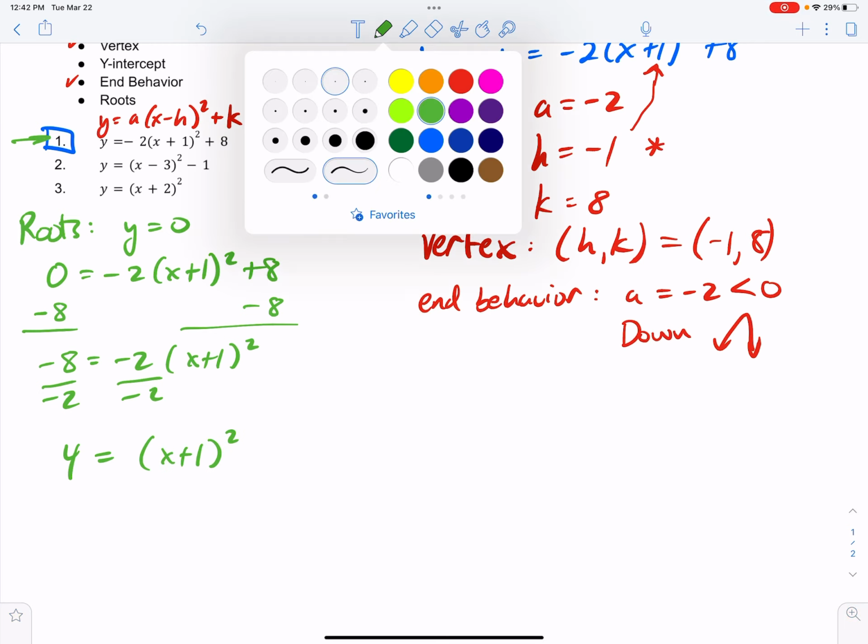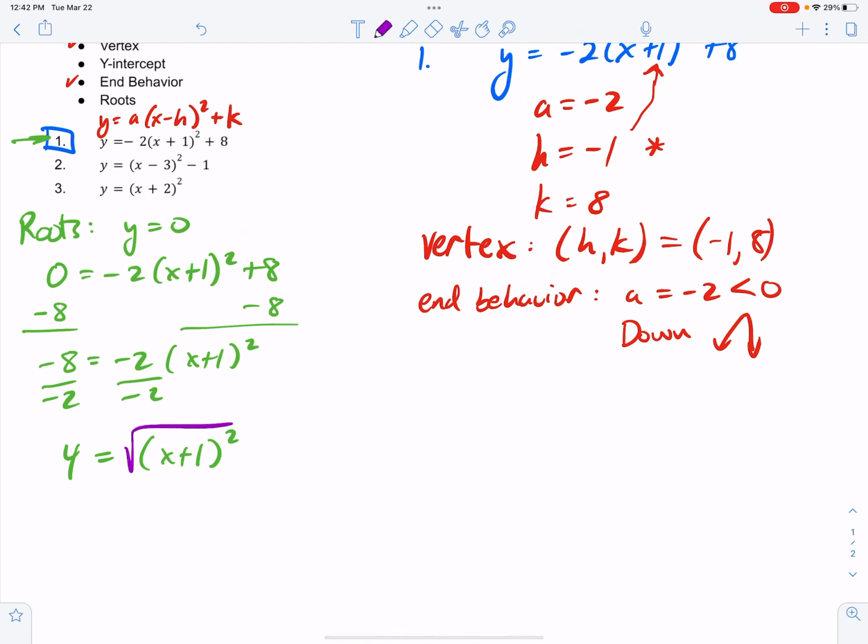Okay, now we'll use the square root method to isolate the variable x. One of the keys in the square root method is you have to consider both the positive and the negative root. So the square root of 4 is 2, but I need to consider the +2 and -2.